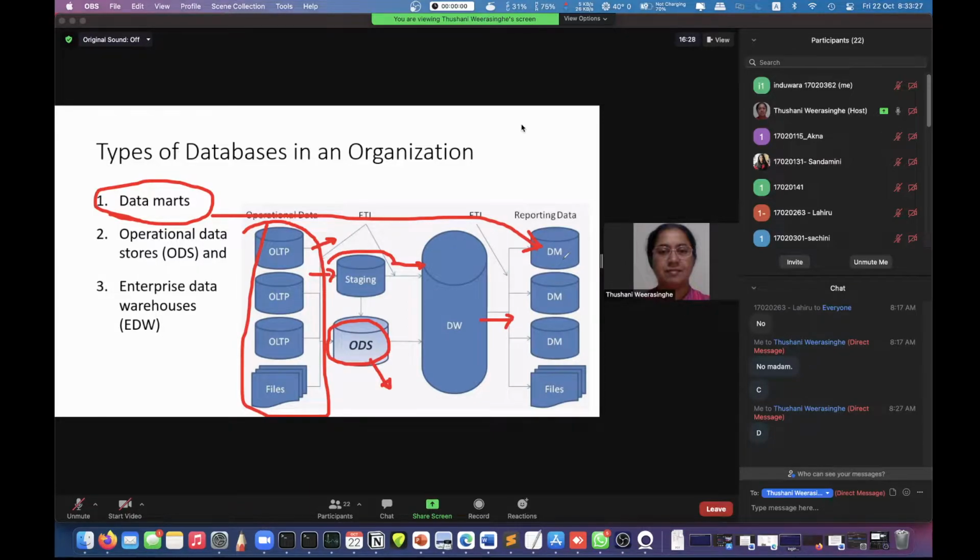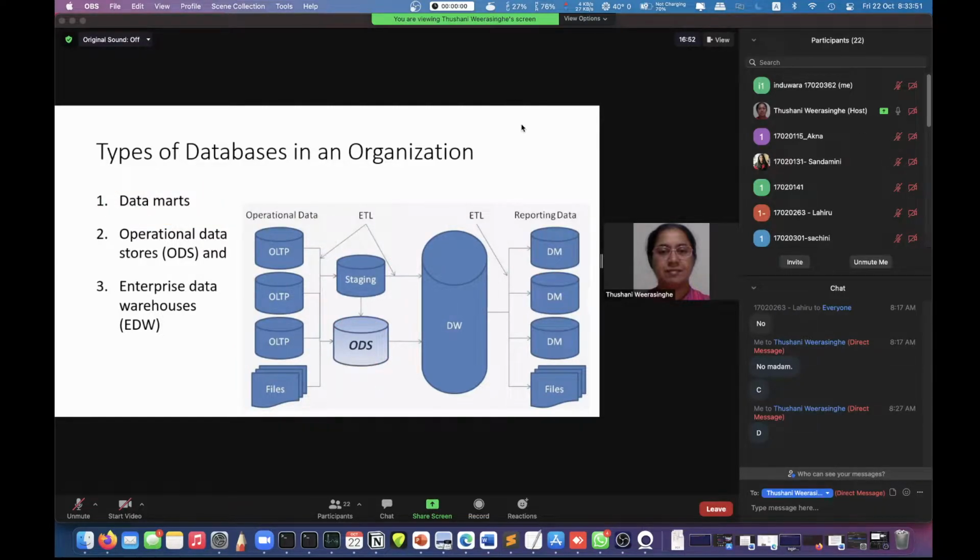Subject wise you save them in the data marts. So here you can find subject wise data in the data marts. That is for easy retrieval purpose, and also we can prepare reports based on that. So that's why we have data marts there.